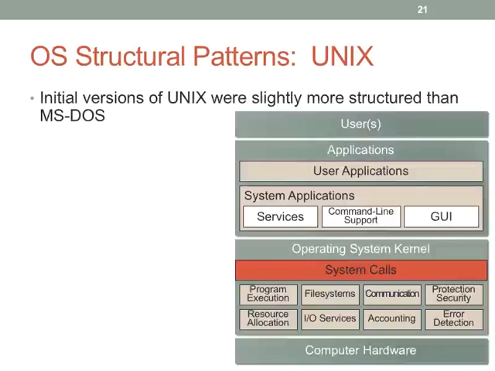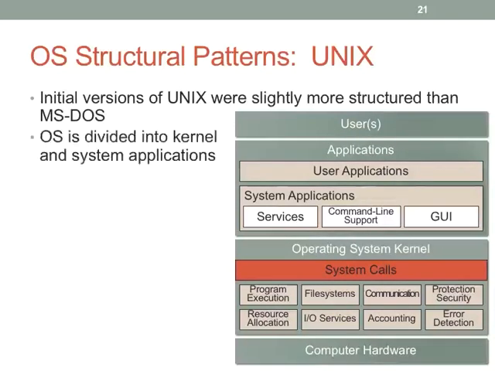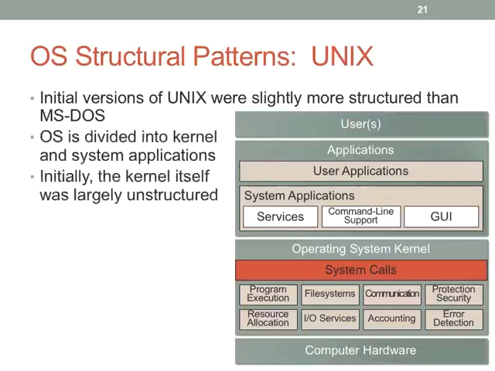Okay, now Unix, a little bit better than DOS. They actually thought more carefully about this stuff, and I think, again, it was because they had systems used by a lot of people concurrently. And so you did have this division between applications and the kernel, and you did have system calls and so forth. The kernel itself, I have all these pretty boxes below the system calls, and that wasn't the way it was initially. It was all kind of, again, simple. Everything was together.